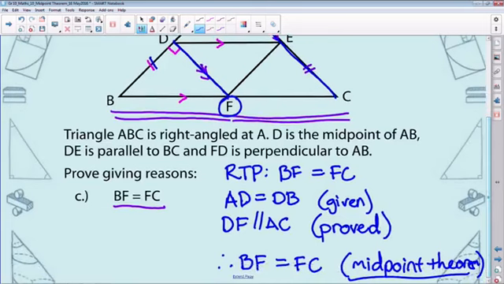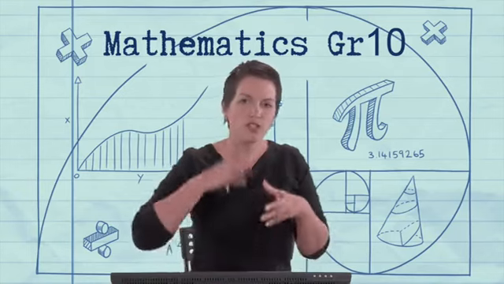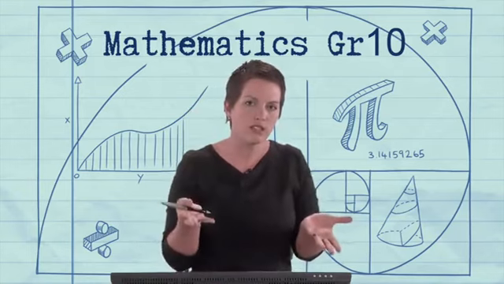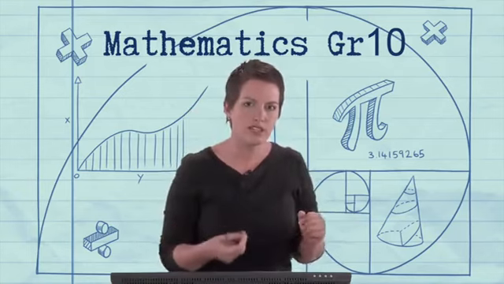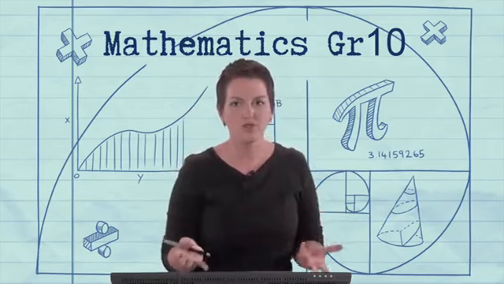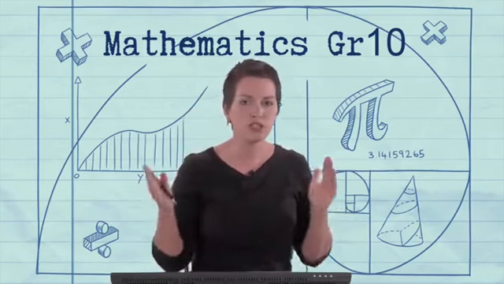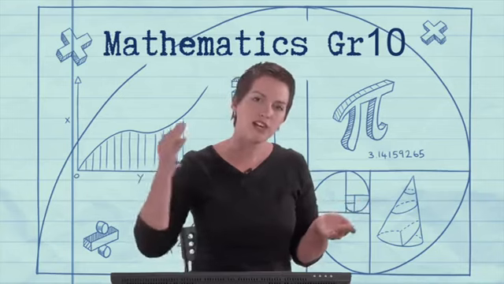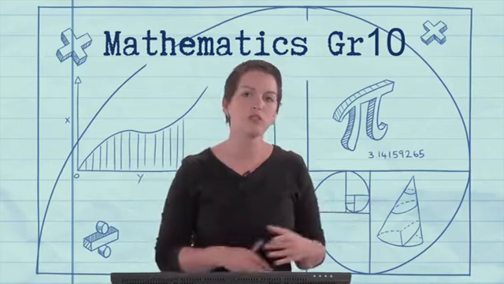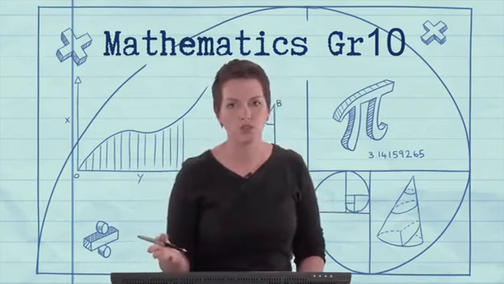Okay, grade 10s, do you see how easy these questions can be? So you just need to look at things and then figure out how to state them, because it really is obvious that F would be the midpoint of that line. But figuring out how to argue that it's the midpoint of that line is what's so important.